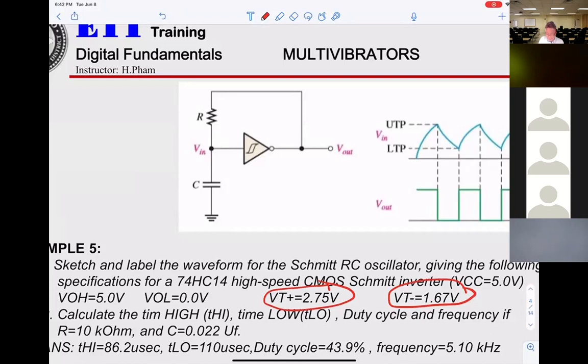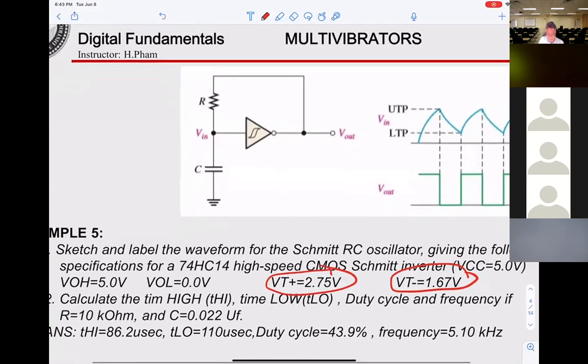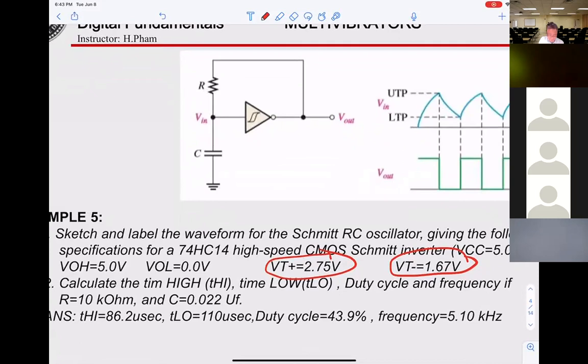What I say is, this one you can say delta VC and also E. Nothing changes on that. They already gave you VT plus 2.75 and VT minus 1.67. The only thing I'm talking about is the formula. I need to look at that to correct it.